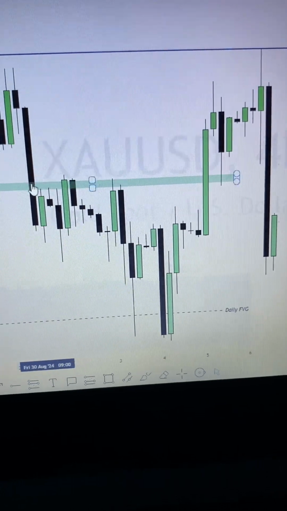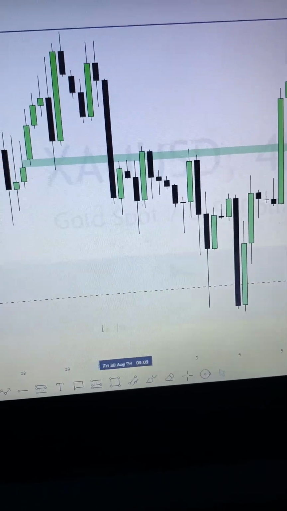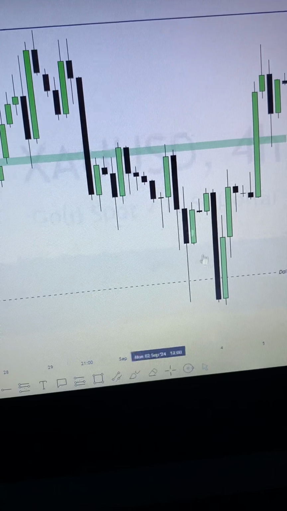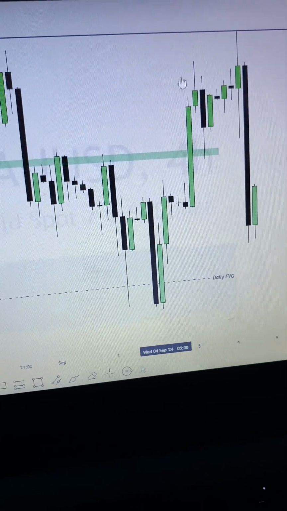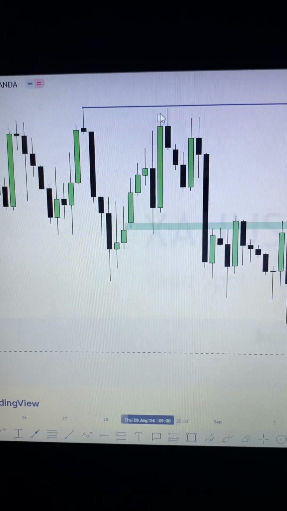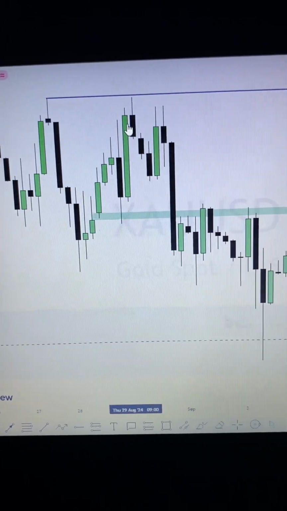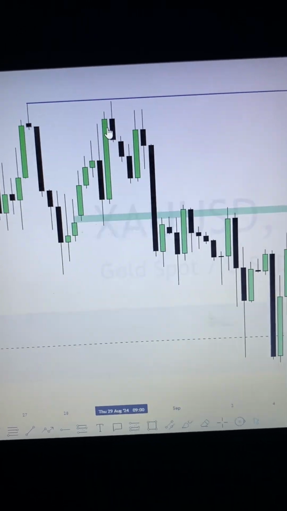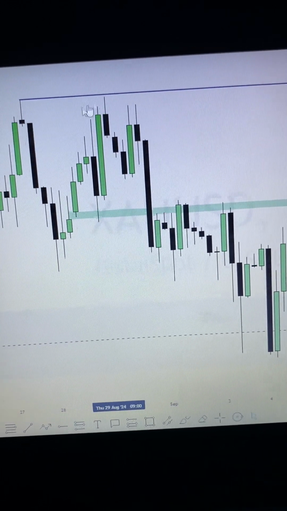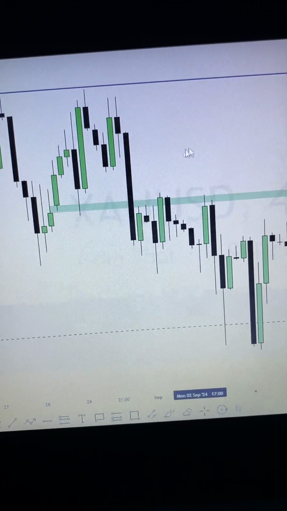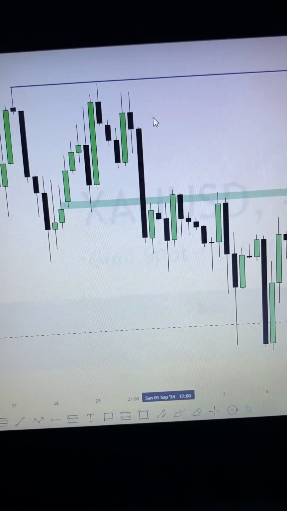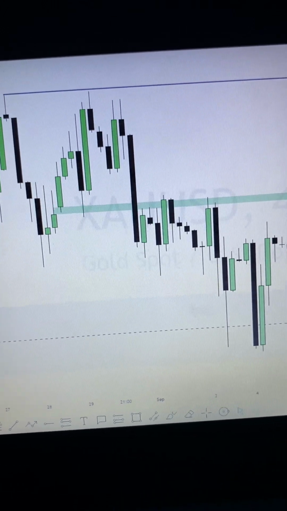So this is the 4-hour time frame. This is the daily fair value gap that we were inside of, and then I saw this buy movement after touching the daily fair value gap, and then we had these equal highs right here. They were my target. Believe me, they were my target. I have a screenshot telling someone that I wanted to see the blue line getting tagged. It's the same narrative I had with the dollar index, but let me explain this thoroughly.